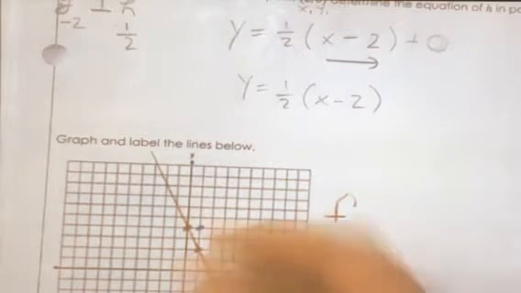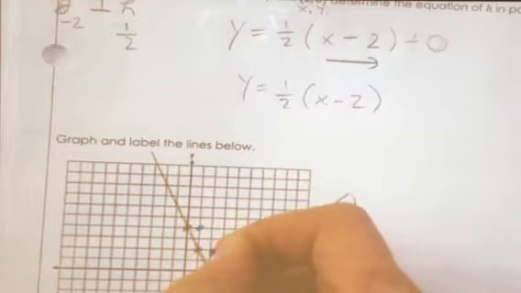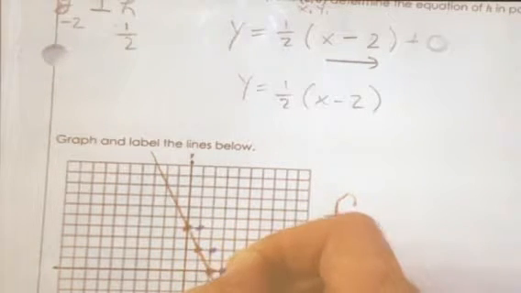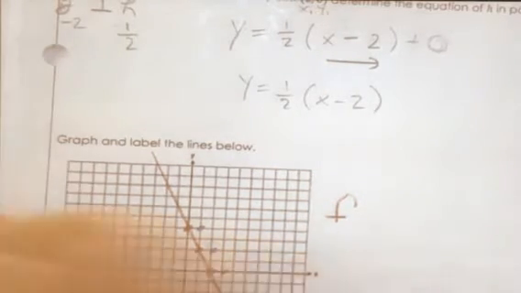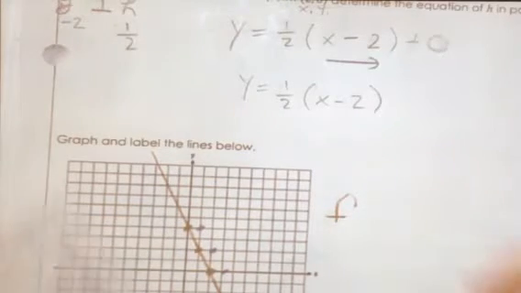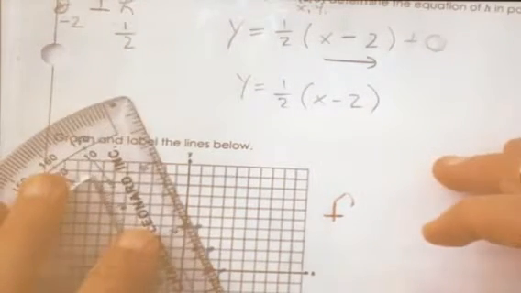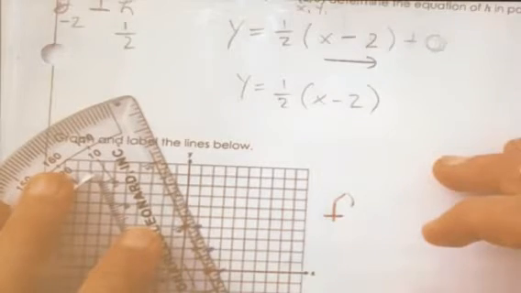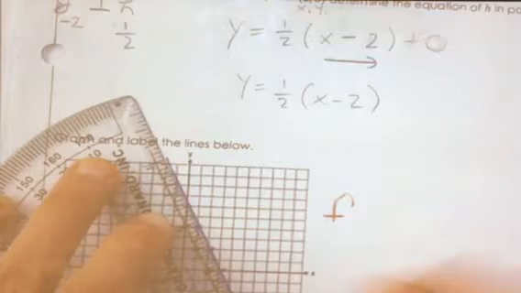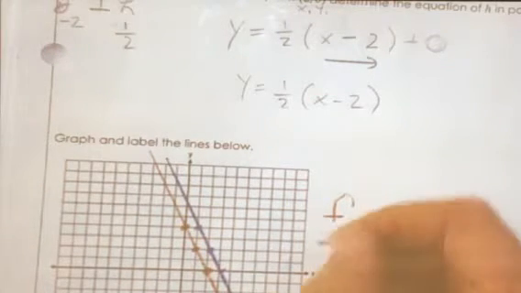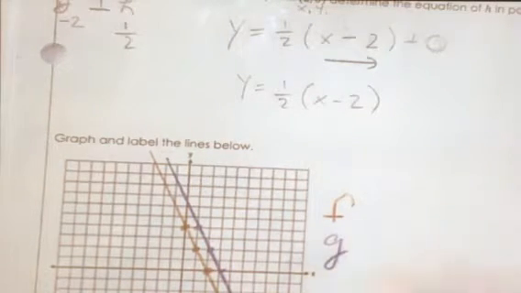Now I'm going to put a slope of negative 2 on. So that's down 2, right 1. I don't need to plot all of these points because this is a straight line. So if I hit some of the points correctly with a straight edge, then I'm going to hit them all. And this violet colored thing is G.